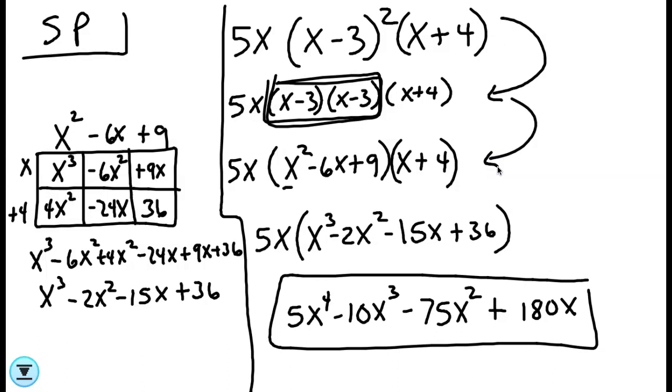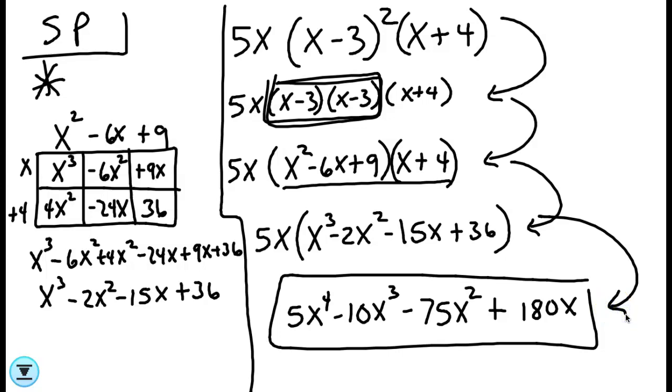And then for this part here, I went ahead and did the box method, and I ended up with that. And I've shown my work for the box method over here if you want to check it. And then finally, I did my distribution. Okay, so remember, shortcut first, then the box method, then distribution. Probably the safest way to go.